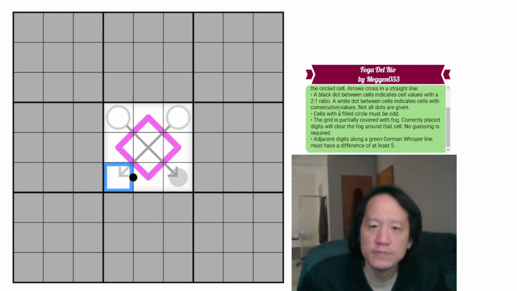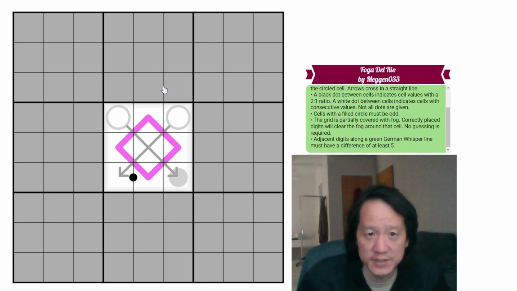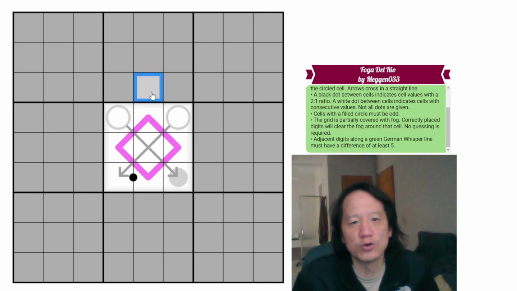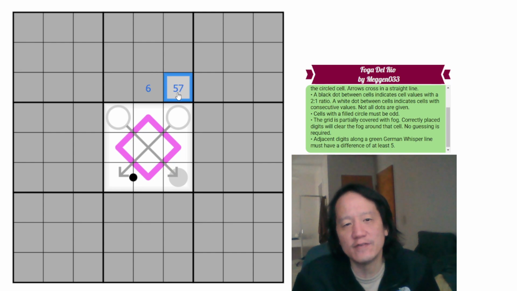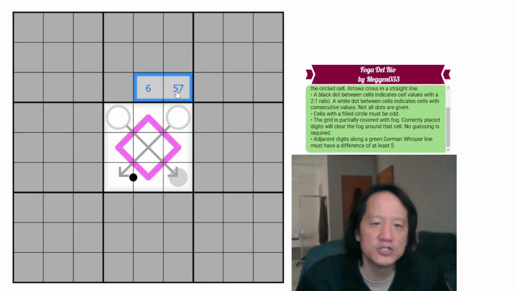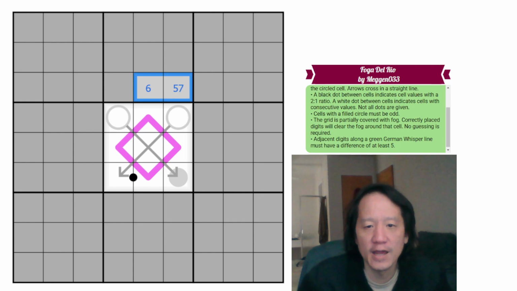And if there was a white dot separating two cells, those two cells would have to be consecutive. So say this was a white dot on this line here. If this were a 6, this would have to be a 5 or 7 to make sure that the two cells the white dot is in between are consecutive. And that's how Kropki dots work.